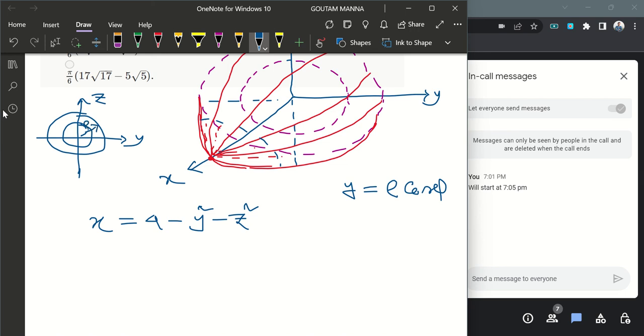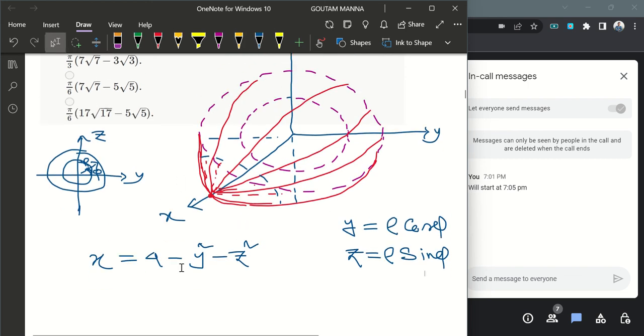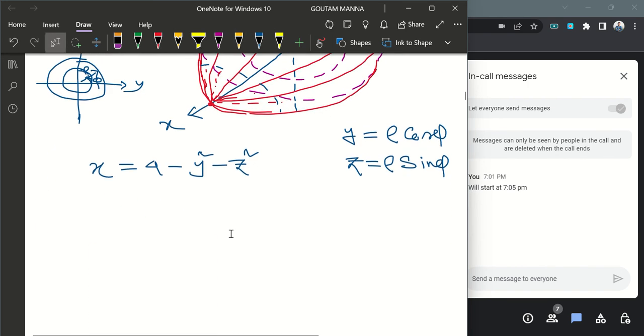So if this is rho and this angle is phi, then y will be rho cos phi and z will be rho sin phi, and from the equation of this paraboloid, x will be 4 minus y square minus z square. If we take rho square common, it will be sin square phi plus cos square phi, and that is 1. So it is 4 minus rho square. So that's the parameterization.